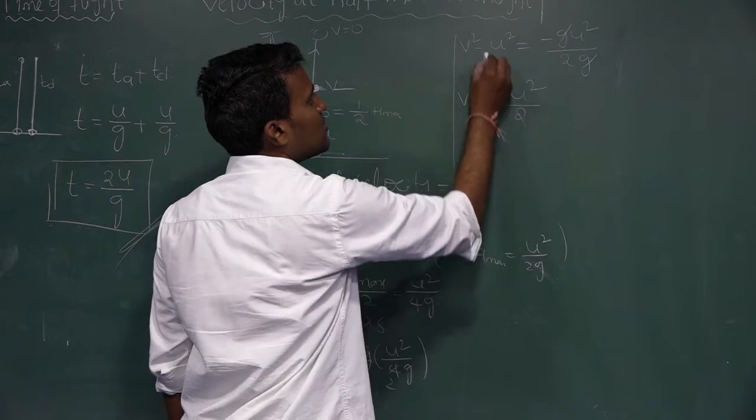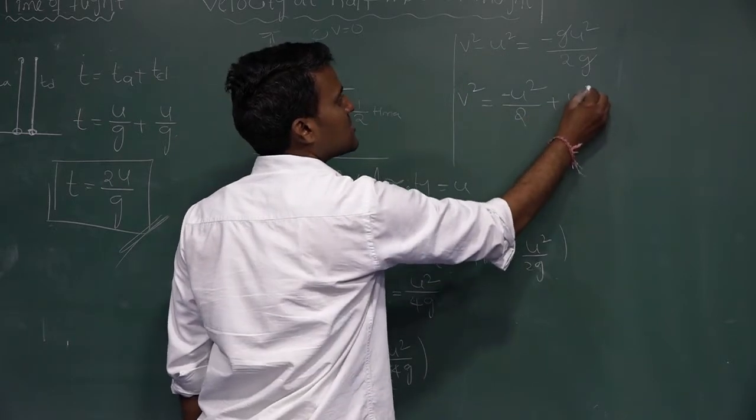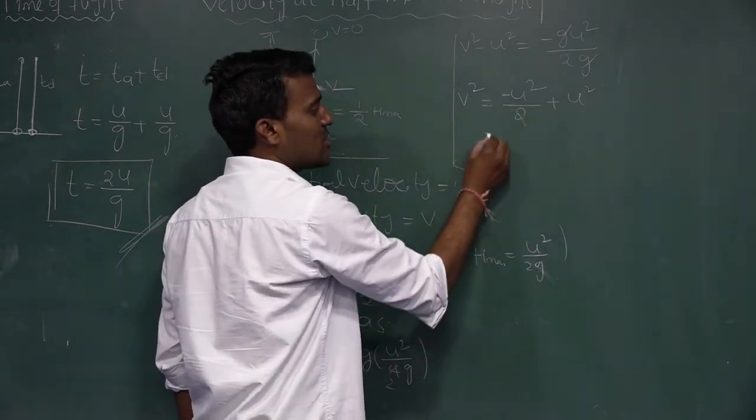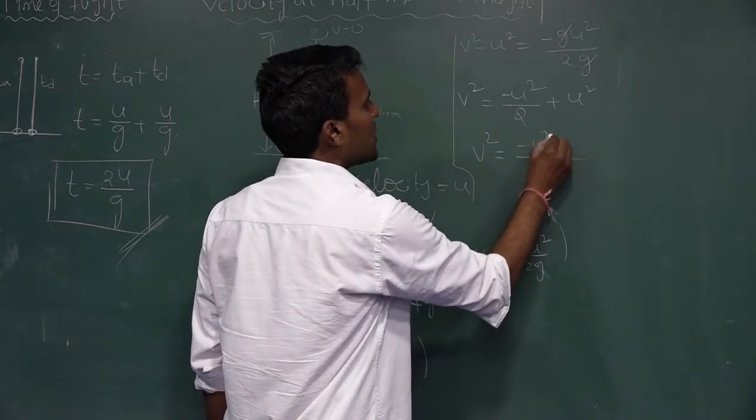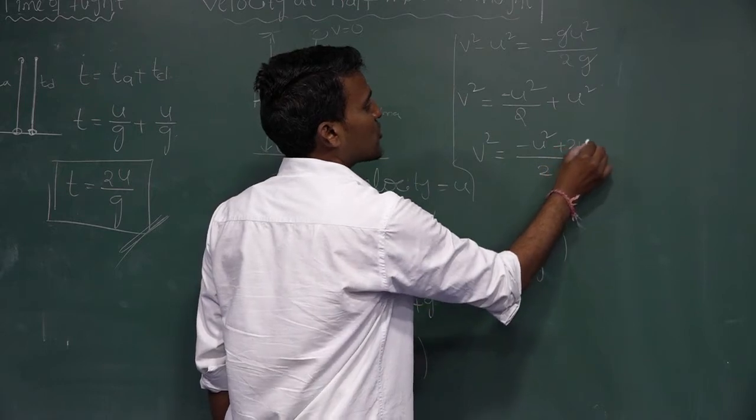The minus, if you take it to that side, becomes plus, isn't it? And what about the LCM here? LCM is 2, minus u square plus 2u square.